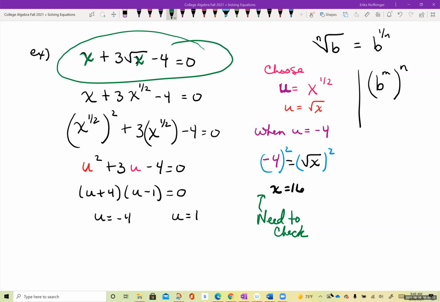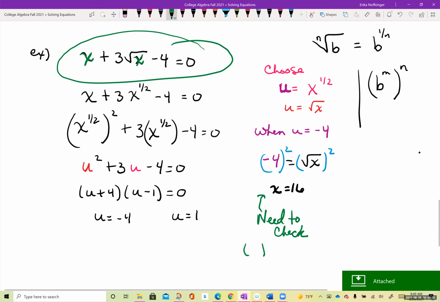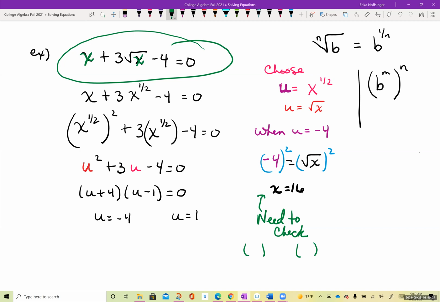So I have parentheses plus 3 times the square root of parentheses, minus 4. Is this equal to 0?